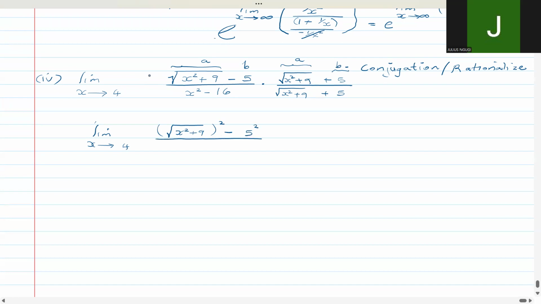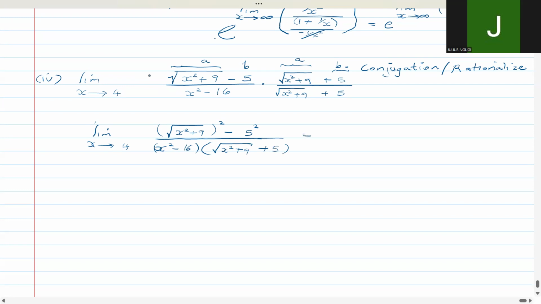Then you divide all that by the denominator, which is x squared minus 16, then multiply by square root of x squared plus 9 plus 5.